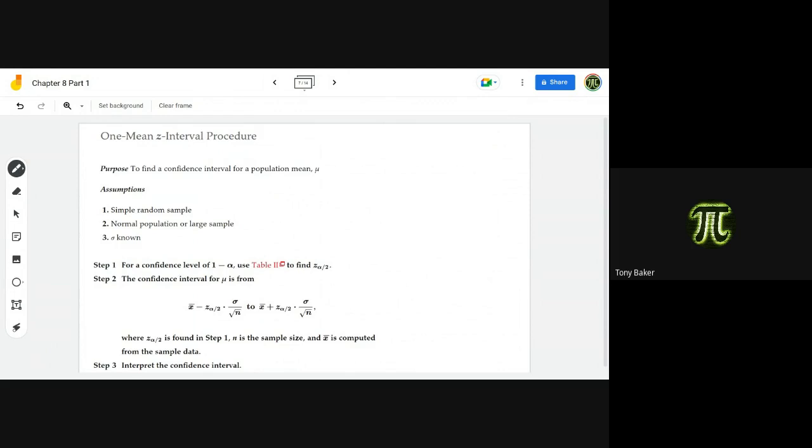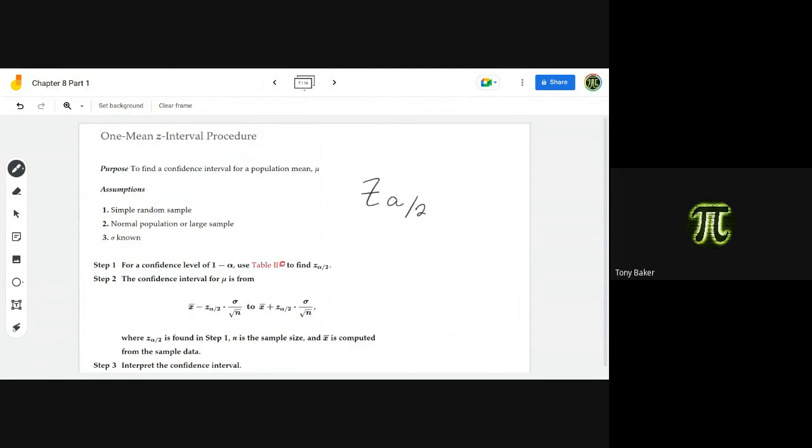So for our confidence level, it's 1 minus whatever my alpha is. So if it's the 95% or whatever else, that's where we figure out my confidence level. And you'll notice that it's the Z of alpha divided by 2.